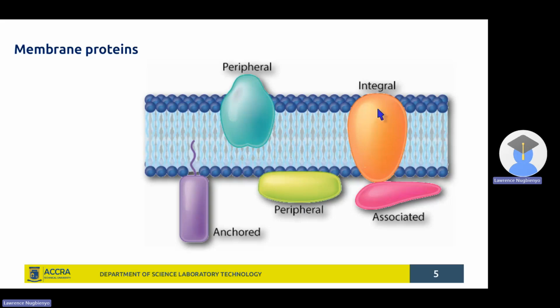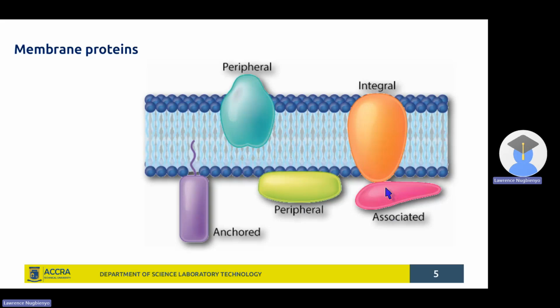So this is an integral protein. Again, if you hear integral protein, it is the same as a transmembrane protein or intrinsic protein. You see that it has transcended the whole thickness of the membrane. Then you see another one which is associated.